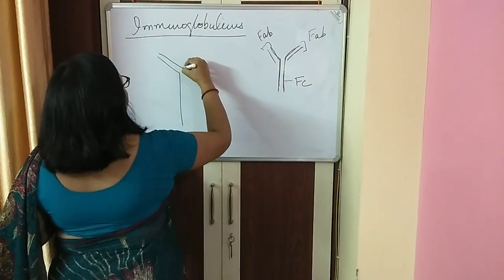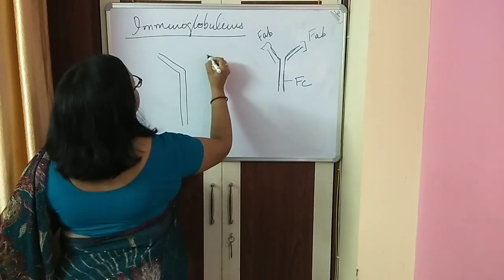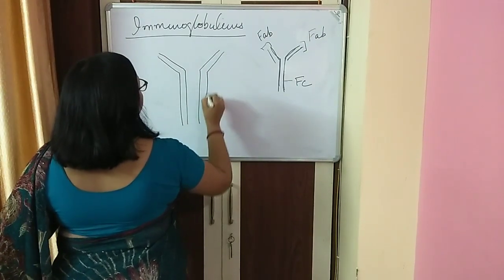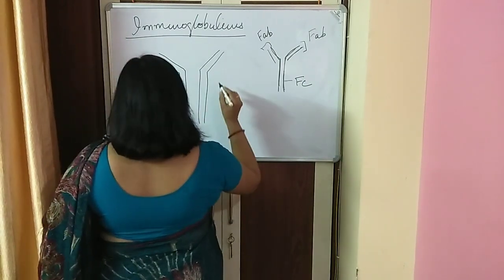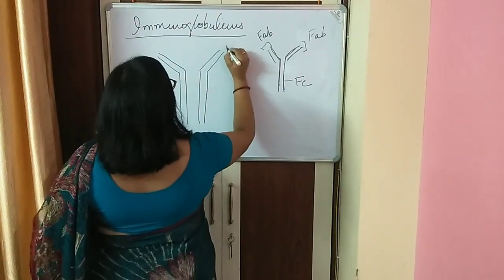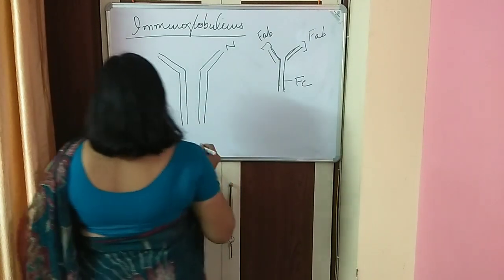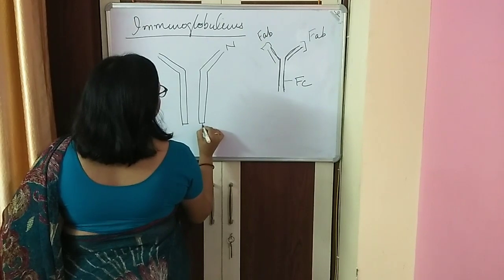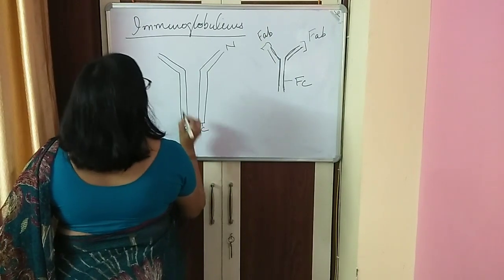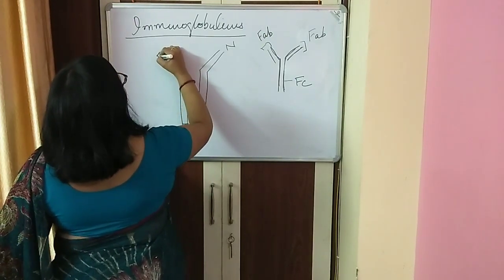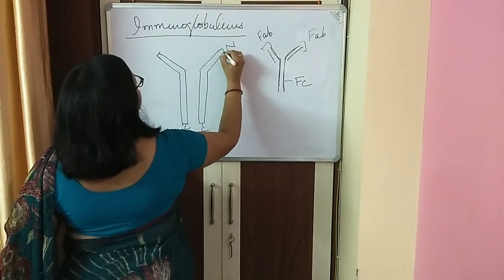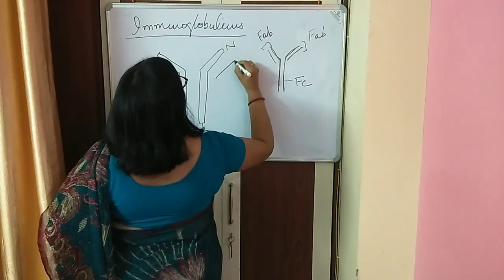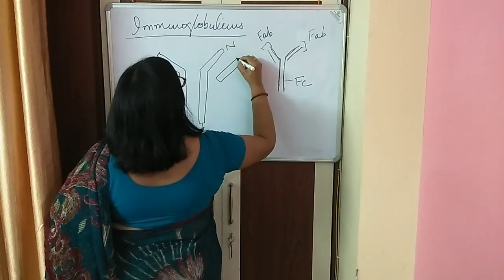So these are heavy chains. A very interesting structure is this, because here you can see the N terminal, and these are the C terminal ends, the carboxy terminal. And these are light chains.